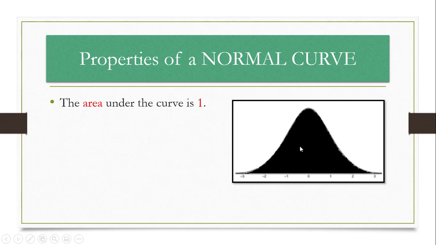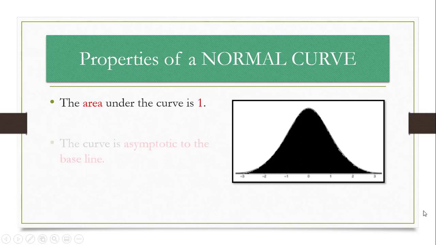It can't be over 1 or below 1. The total area inside of this is equal to 1. It can be lesser than 1 if it is fragments, but if we are talking about the total area under the normal curve, that is equal to 1.